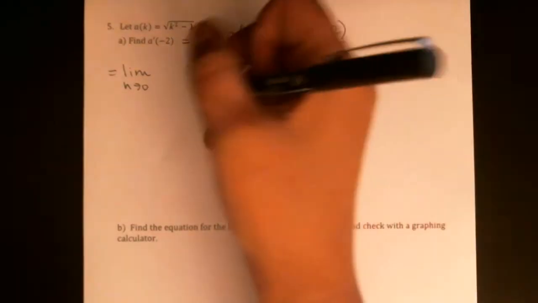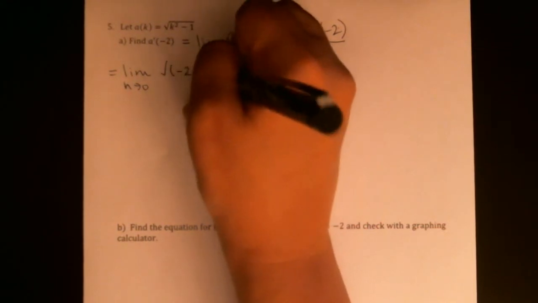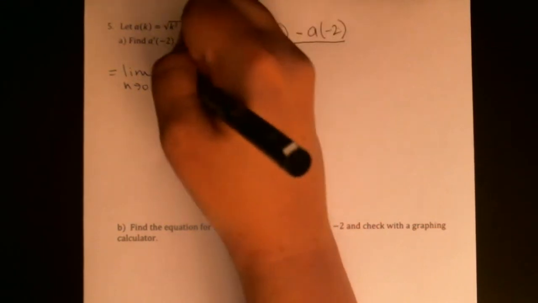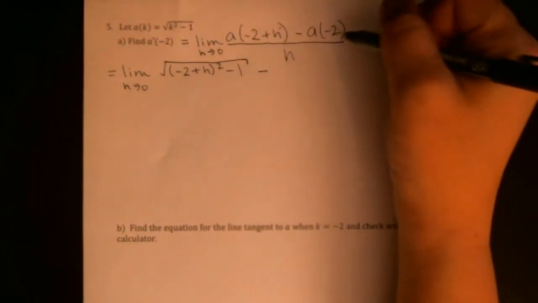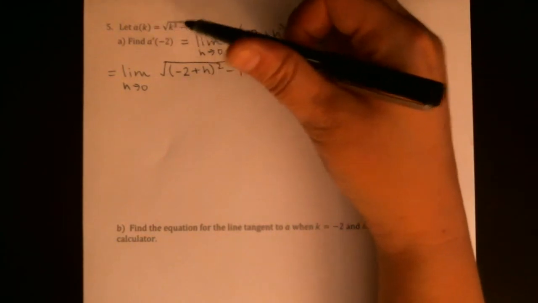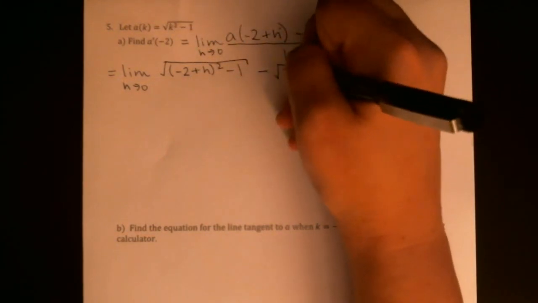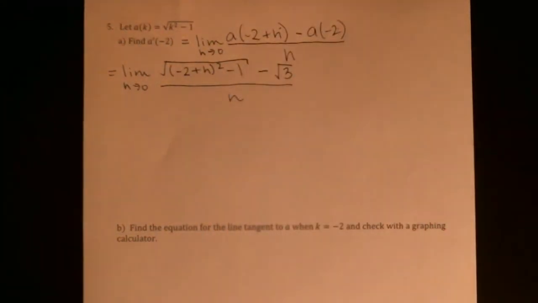When I plug -2 plus h into my function, I get the square root of (-2 plus h) squared minus 1. When I plug -2 into my function, I get the square root of 4 minus 1, so the square root of 3. And I'm supposed to divide all that by h.